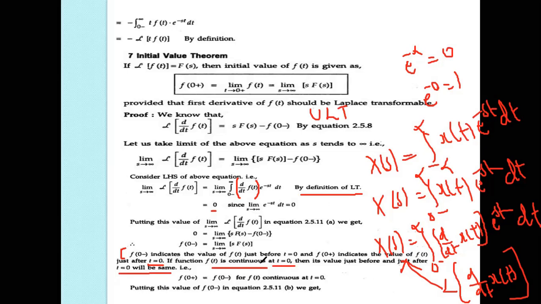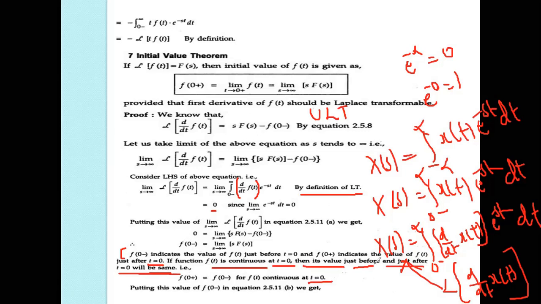If the function f of t is continuous at t is equal to 0, then its value just before and just after t is equal to 0 will be the same. So f of 0 plus is equal to f of 0 minus for f of t continuous at t is equal to 0. Okay.